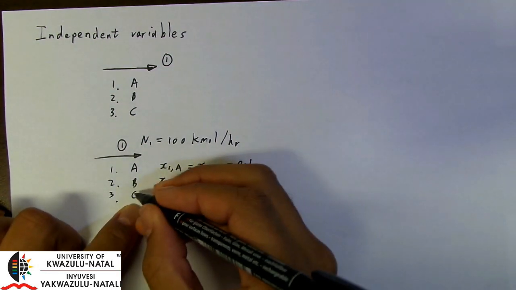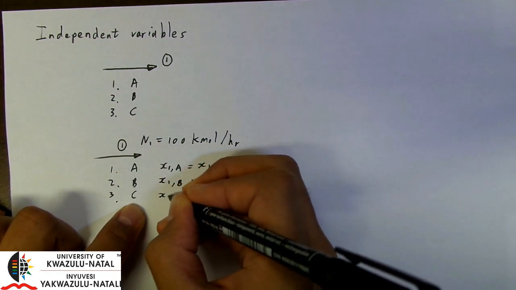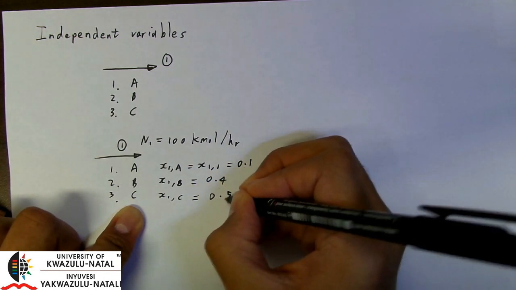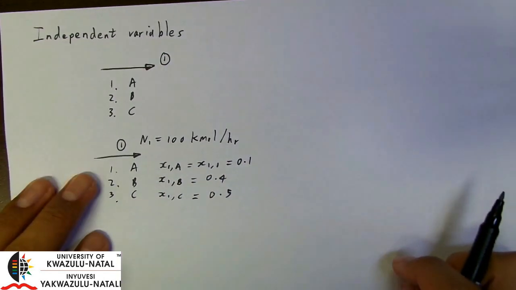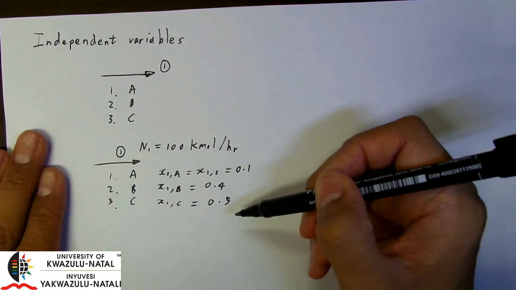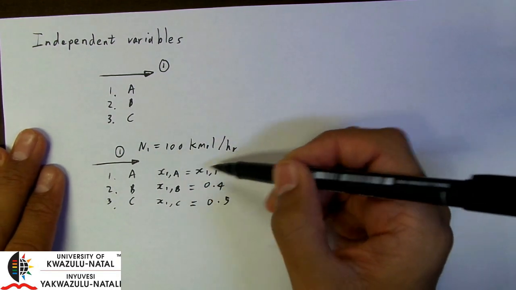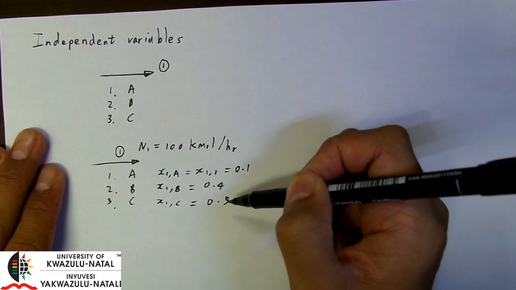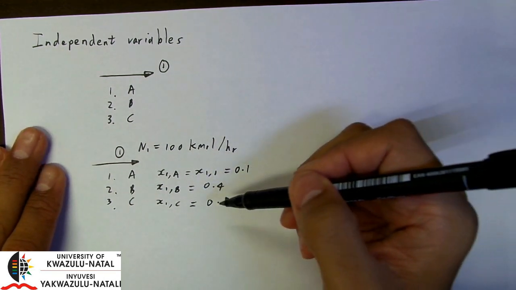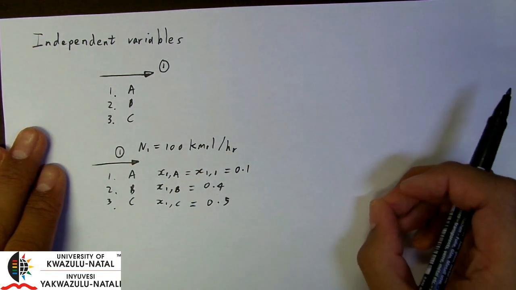Now let's say they've given you the composition of component C to be 0.5. So this is essentially all of the information that we need. We have the total flow rate and all of the compositions, so we can get all the information that we require in molar terms for our material balancing.